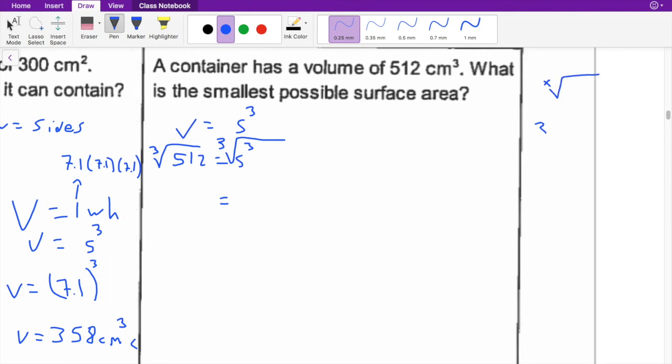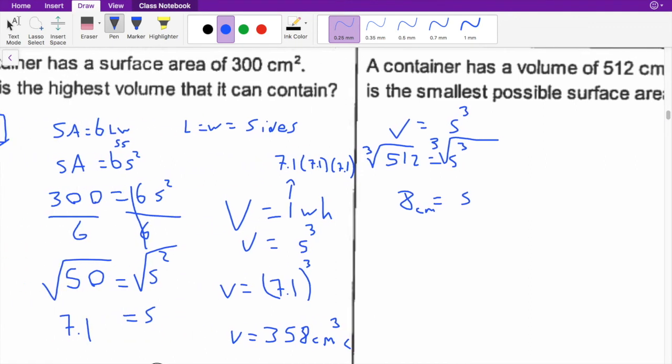So you hit the button 3, then hit that button, and then hit your number. In this case, you type in 512. So the third root is 8. That would be centimeters. So 8 times 8 times 8 is 512.